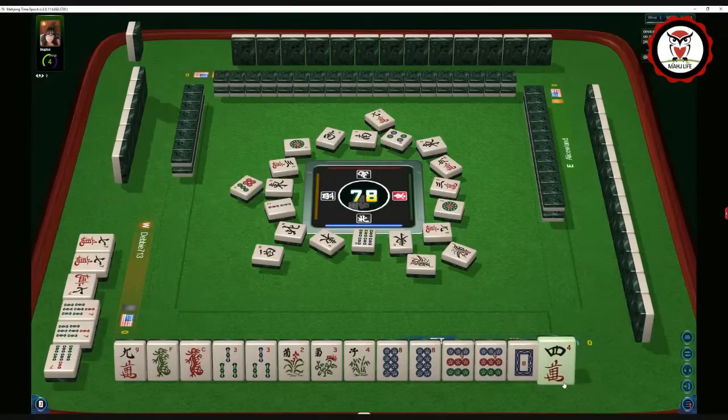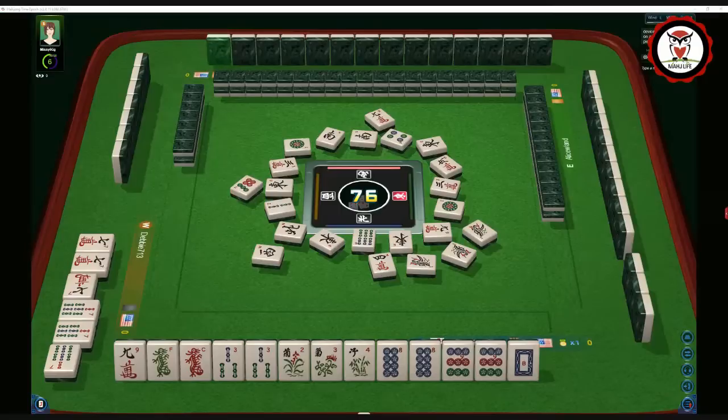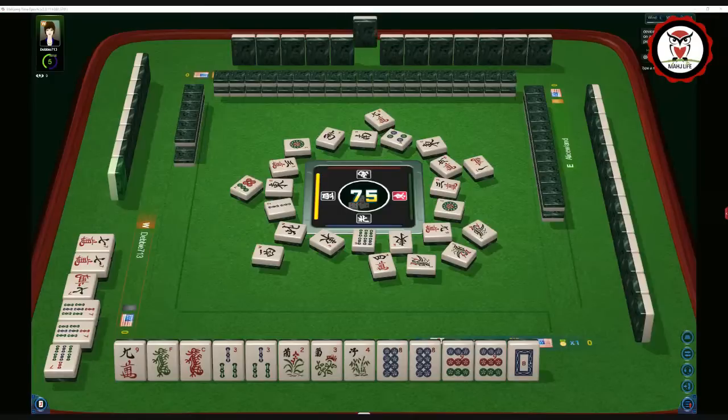Okay, we need a keeper. 4 characters. This hand looks a little bit kooky right now. One bamboo. 1 character. 6 characters. We need keepers.